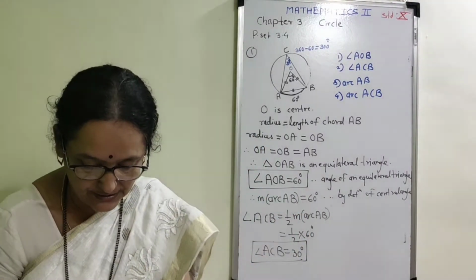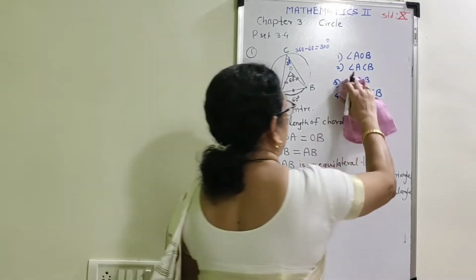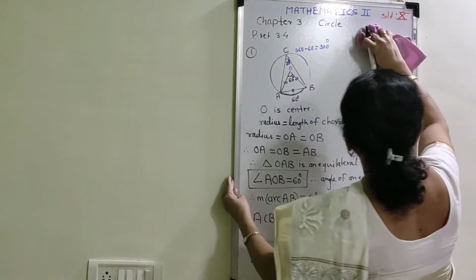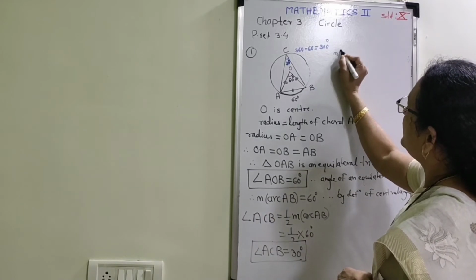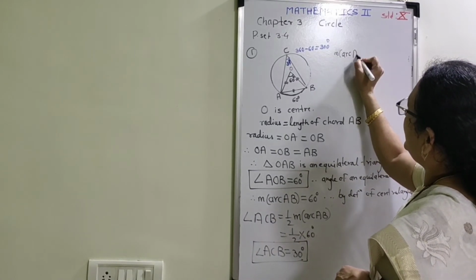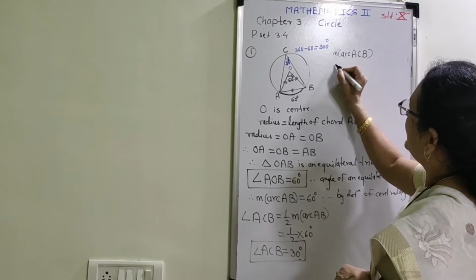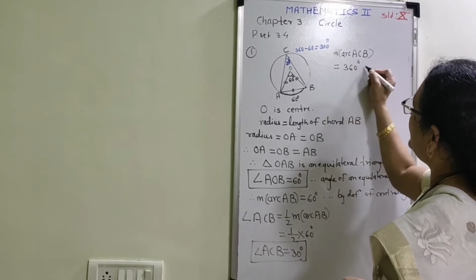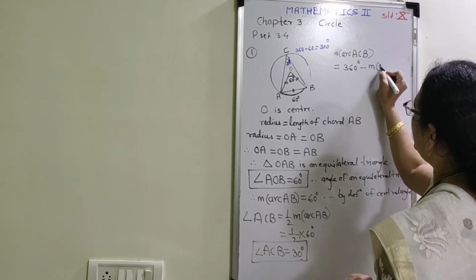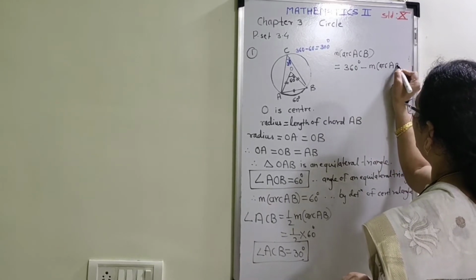I am going to write on blackboard, that is measure of arc ACB is equal to 360 degree minus measure arc AB.